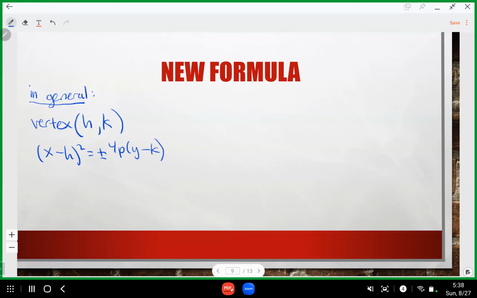We also have (y minus k) squared is equal to plus or minus 4p times (x minus h). You switch the variables.